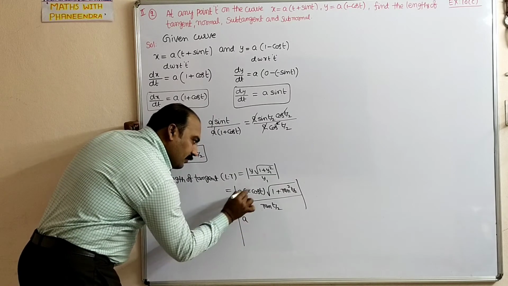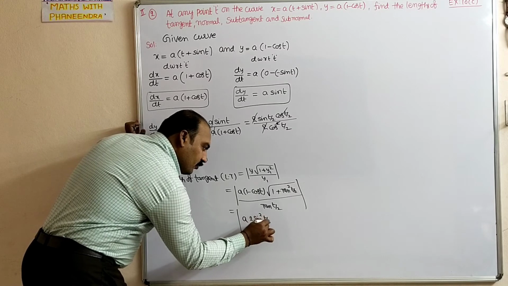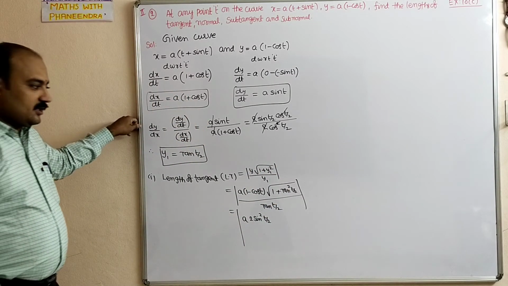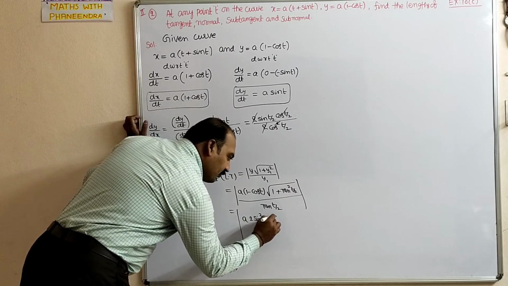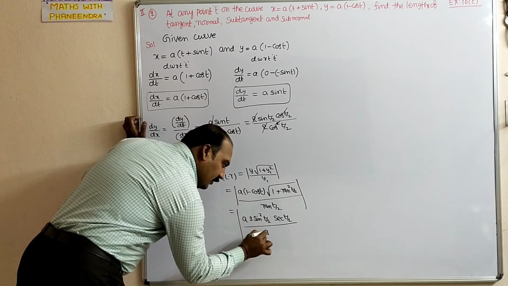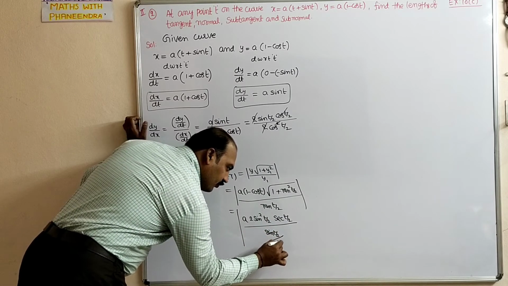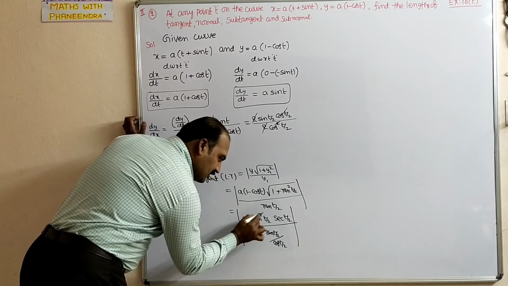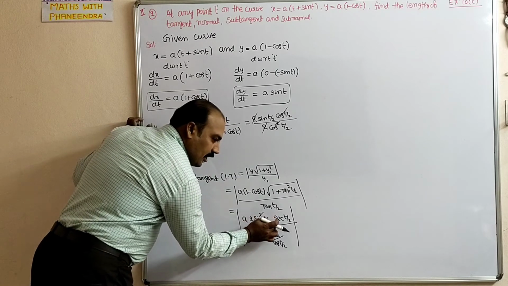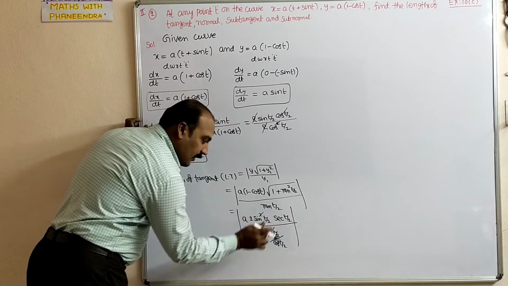Mod a into 1 minus cos t, that is 2 sin square t by 2, root 1 plus tan square t by 2 is equal to secant t by 2. Secant t by 2 by tan t by 2, which means sin t by 2 by cos t by 2. So one of the sin t by 2 will be cancelled. Secant t by 2 can be written as 1 by cos t by 2.